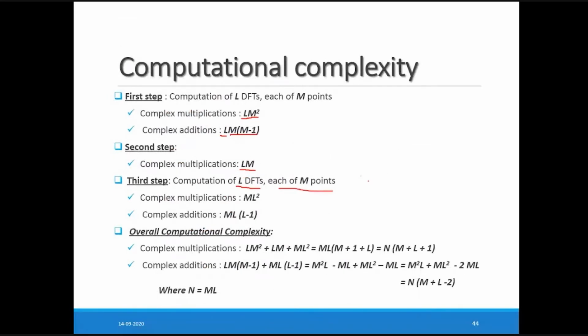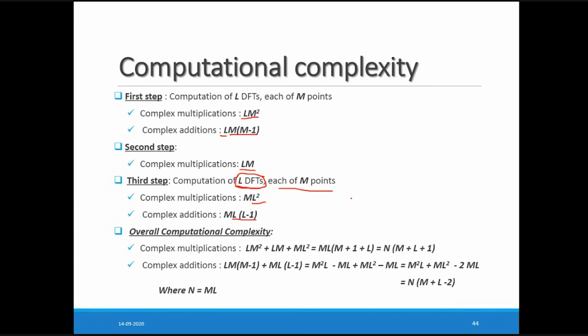When you calculate the L-point DFT, what is the equation? The number of complex multiplications is L square, and the number of complex additions is L into L minus 1.